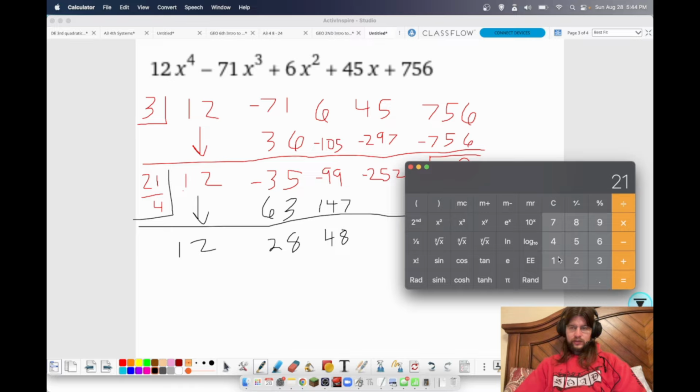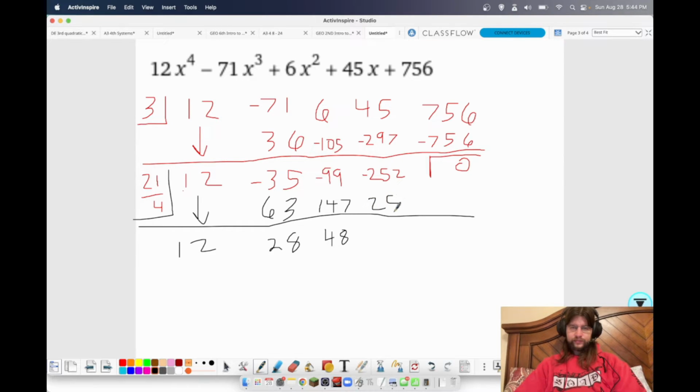Well, 21 divided by 4 times 48 gives us 252. Oh, good. We again did not mess up.